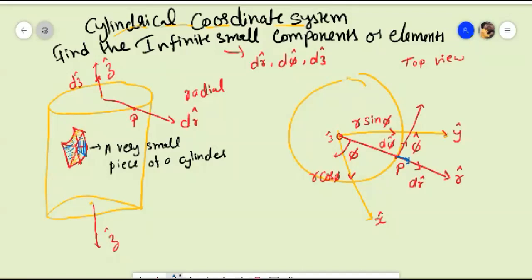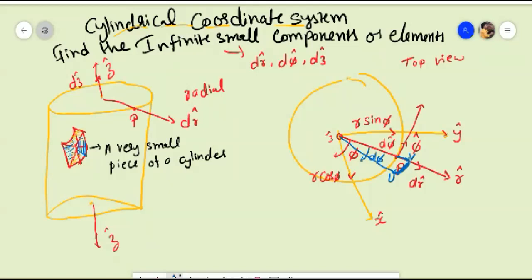It has moved along the dr length, and then it is turning a slight bit along the phi direction. This line will be making a very small angle d phi. So we need to find this length. Let us mark this with u and v. We need to find what u and v are.